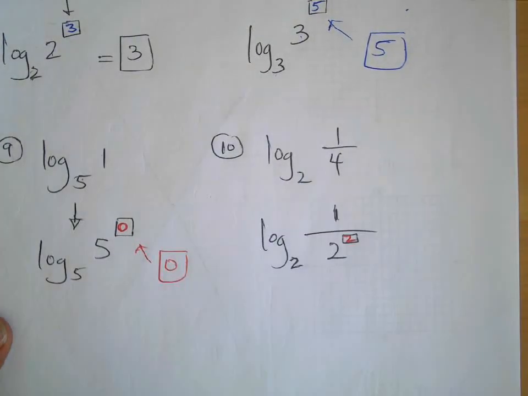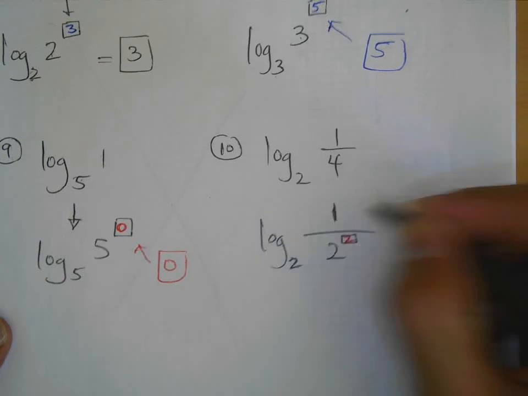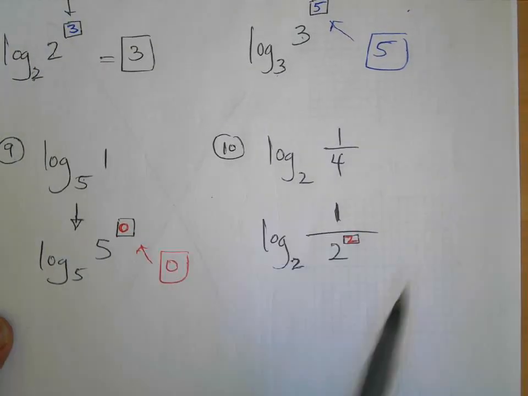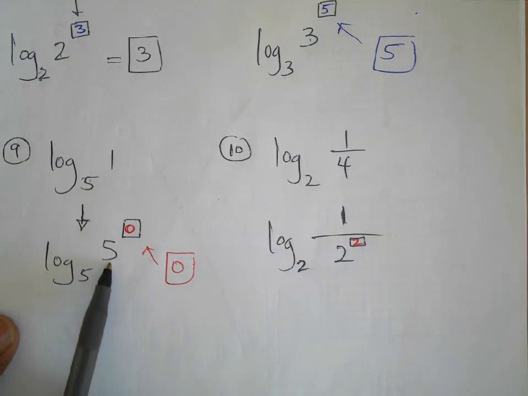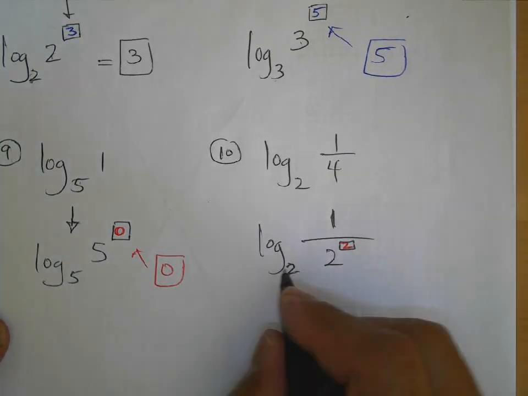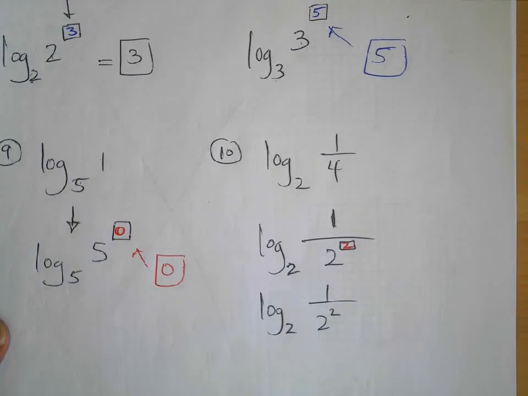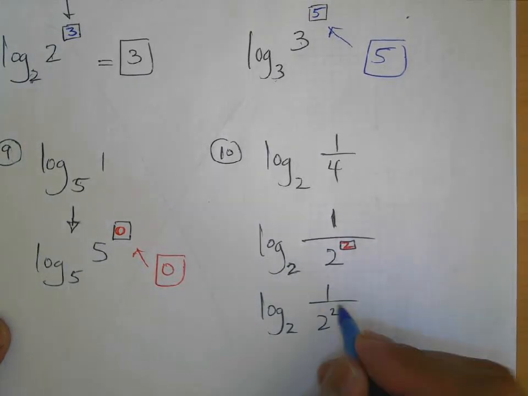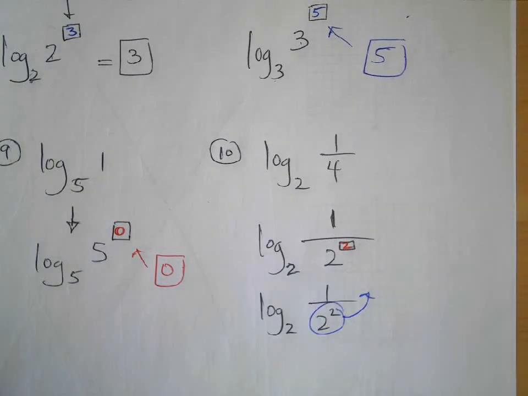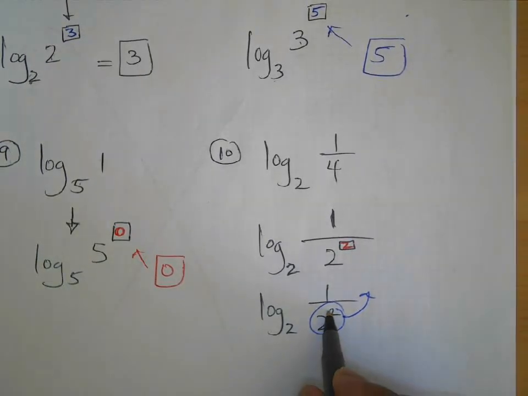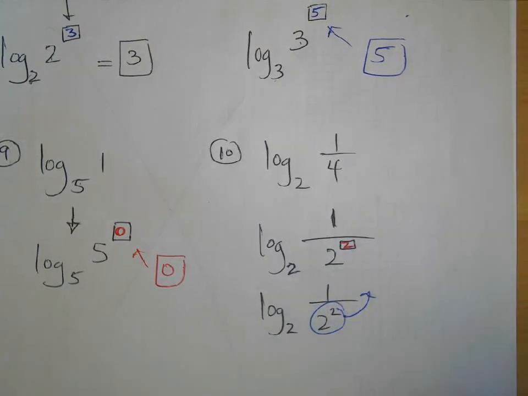Now in this case, because the 1 is up here, we don't want a fraction. So what do we do with this? Log base 2 of 1 over 2 squared, remember? If I don't want this here, I can move it up. But when you move it up, remember if it was a negative and you moved it, it changed signs? Well, now if it's a positive and you move it up or down, it changes signs also.